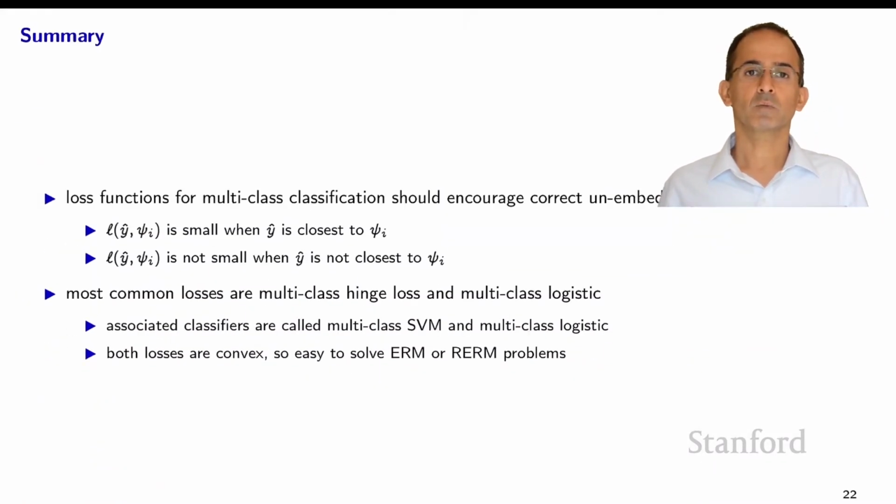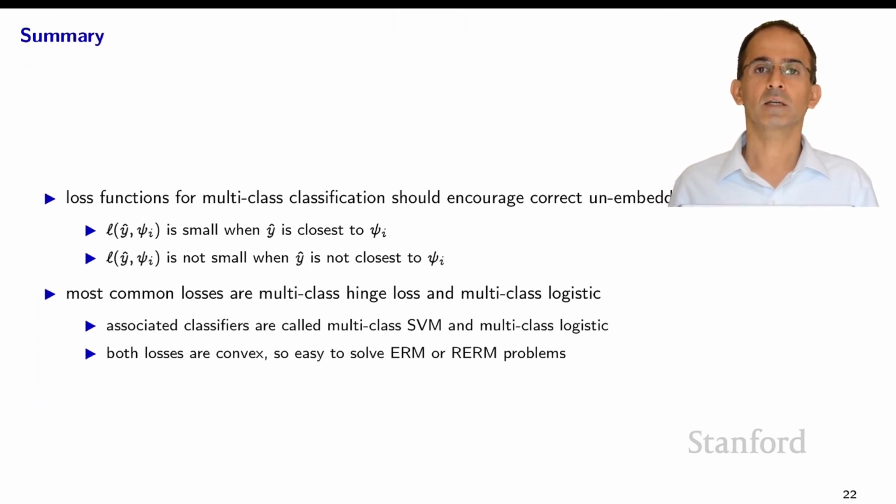So let's summarize. When we're doing multi-class classification, we'd like a loss function that encourages the correct unembedding. So when y hat is close to psi i, well then we want L of y hat, psi i to be small, and we want it to be not small when y hat is not close to psi i.